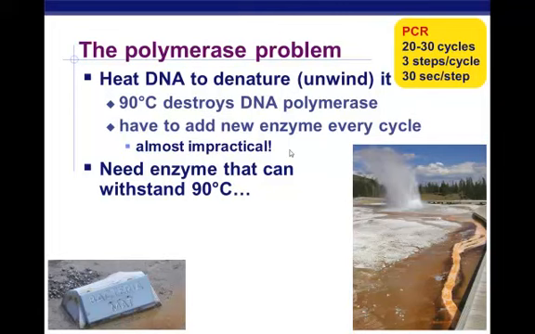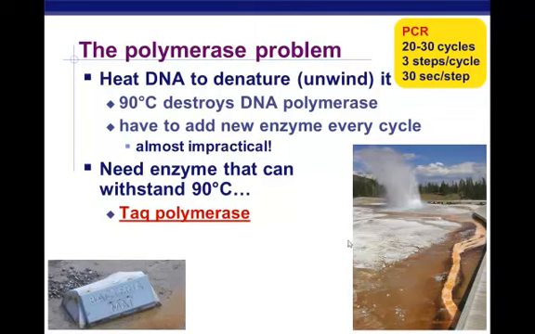And so the way this works is scientists have come up with a form of DNA polymerase that can stand high temperatures. Where do we get it from? It's called Taq polymerase, and it comes from a bacteria. The T is for thermos, heat, and AQ for aquaticus.